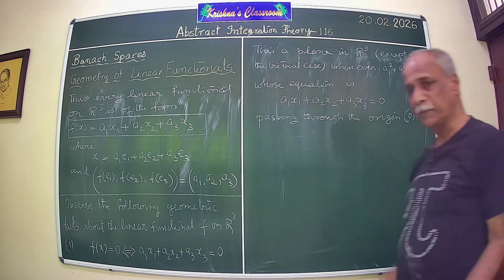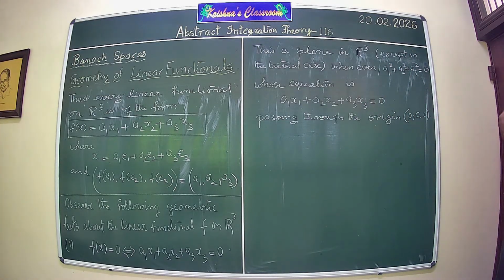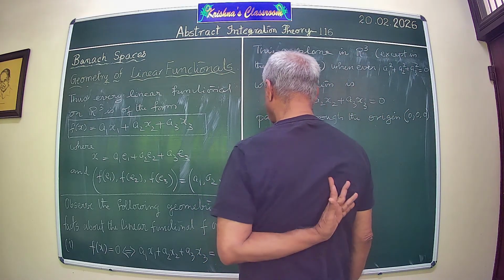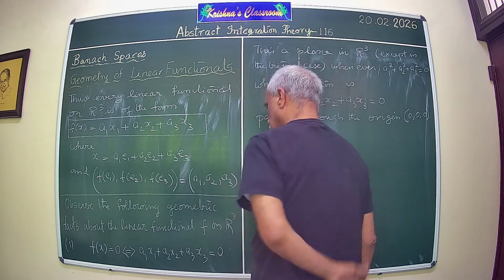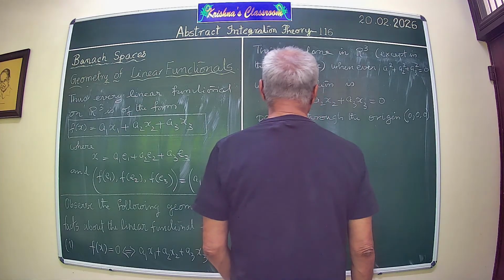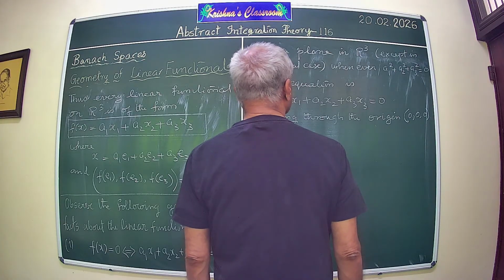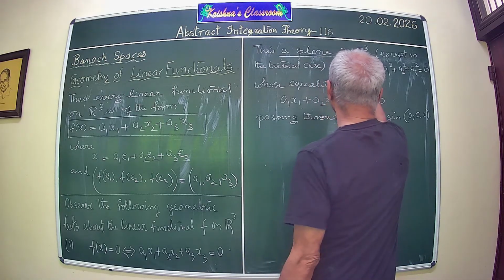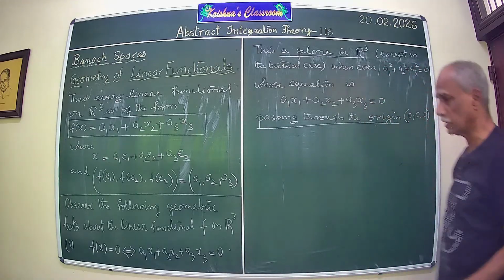So it's a plane that passes through the origin. Okay, that's the first thing. That is the observation.